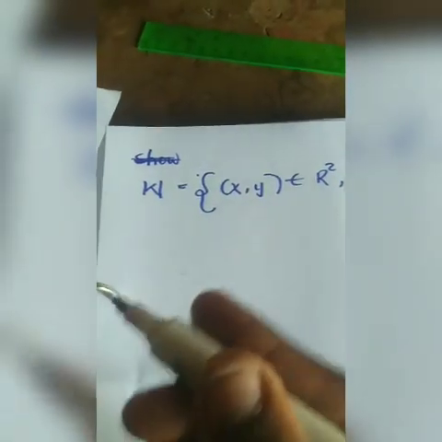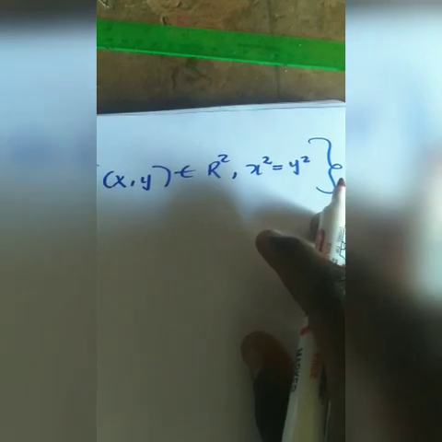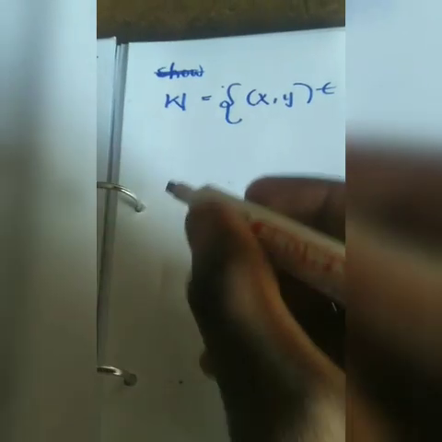So this is how you conclude it. Roman numeral 2 of the question says W is (x, y) a member of R2 where x squared is equal to y squared. So here we are proving the subspace. To prove this subspace, it should contain a 0 vector.